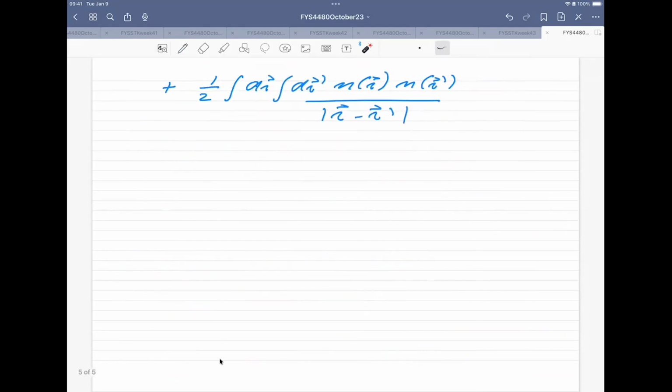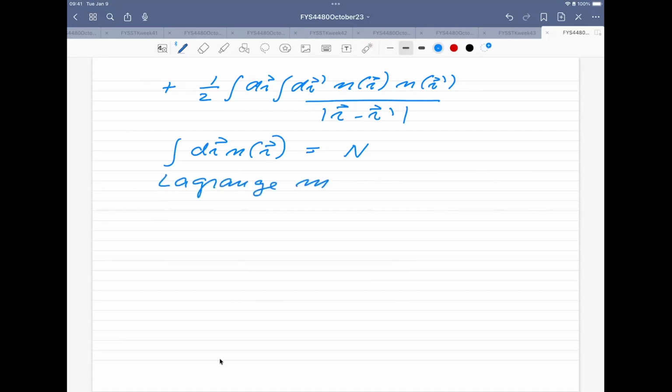Okay, so in order to find the equations of motion, just keep in mind as well that if I integrate up this quantity here, the one-body density, and this is also something which we discussed last time, we end up with the number of particles. So we introduce Lagrange multipliers, and then we can define a new functional where we have plugged in the normalization condition, which is that this should be equal to the number of particles.